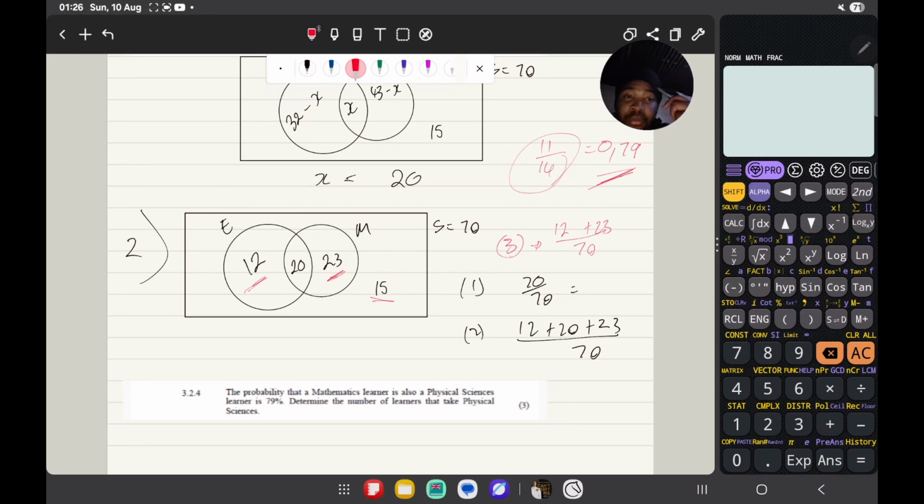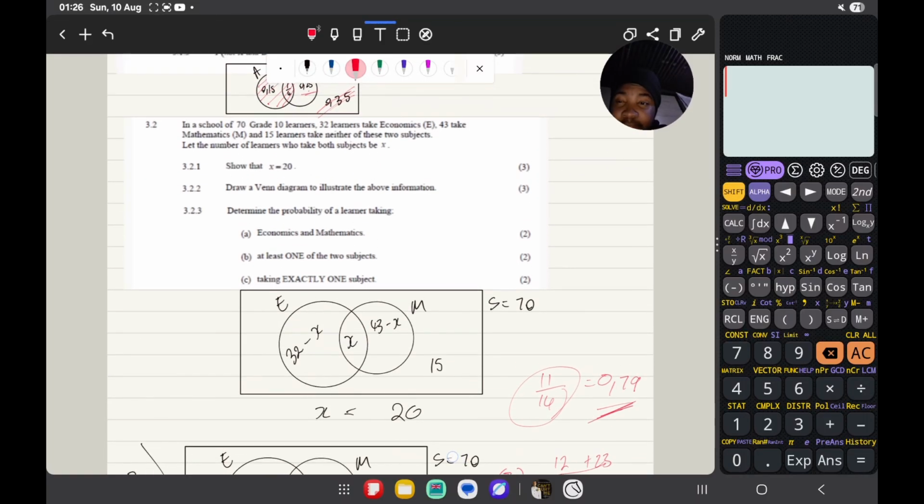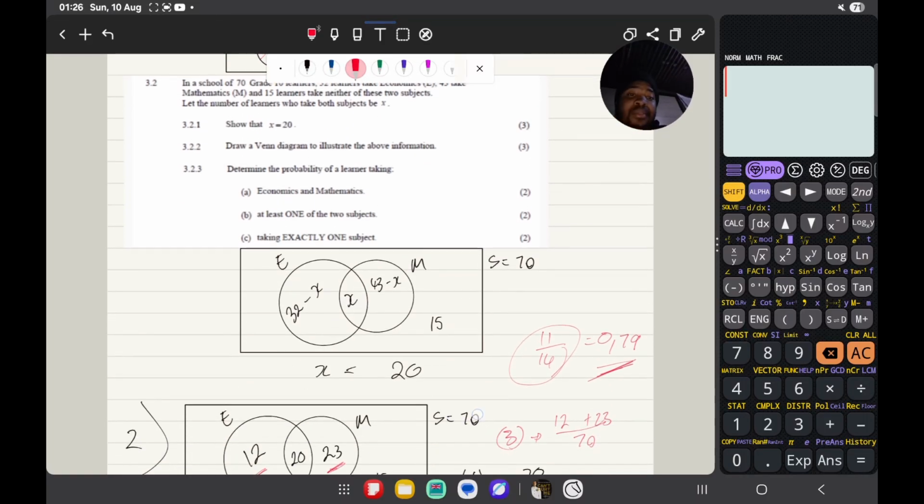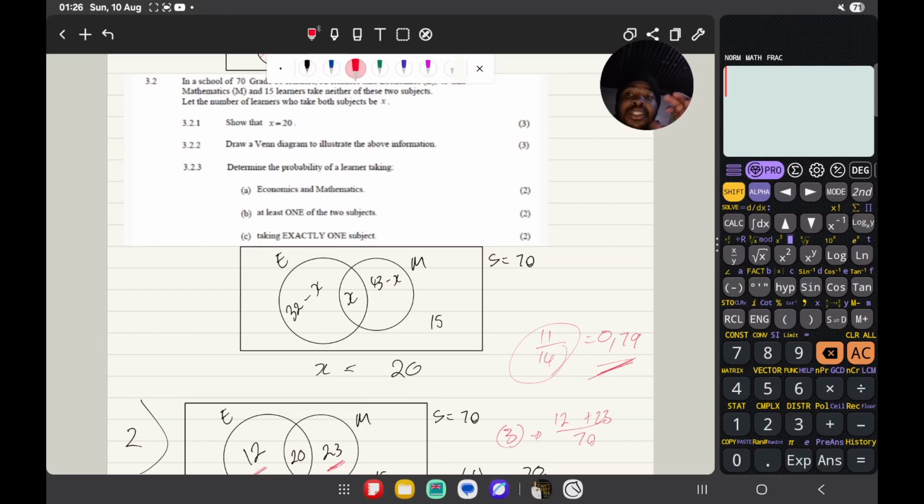Let's think about this one. The question is, what are they saying? Remember, in total, in this grade 10 class, we have 70 learners.